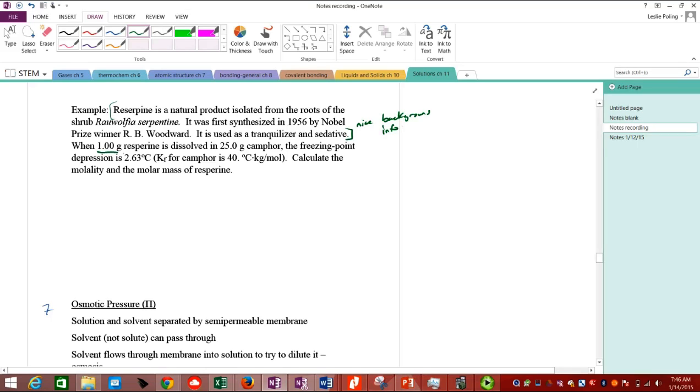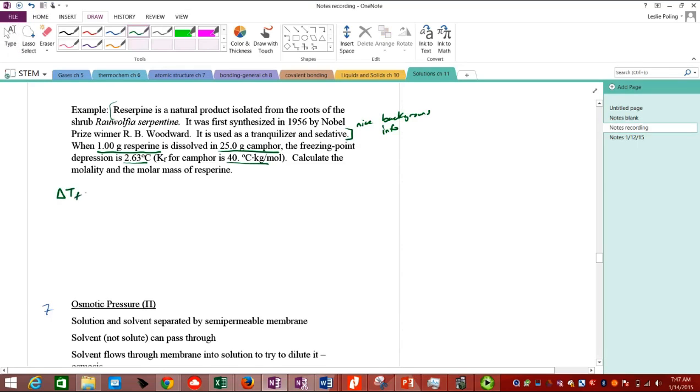We've got 1 gram of this reserpine. We've got 25 grams of camphor. We've got the freezing point depression. We've got the K_f. We want to calculate the molality and then the molar mass.